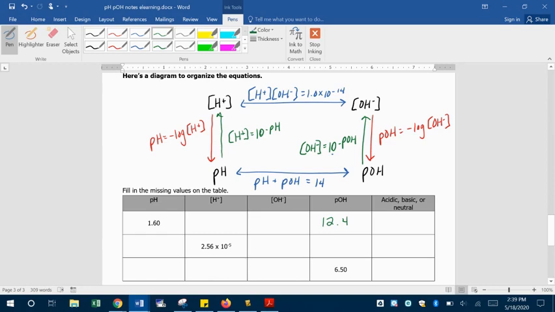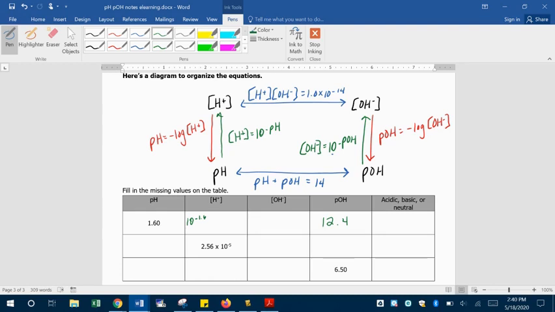Then it's very easy to find our ion concentrations because for each of these, we're just going to do 10 to the negative. So for example, I'm going to do 10 to the negative 1.6 in order to find my hydrogen ion concentration.